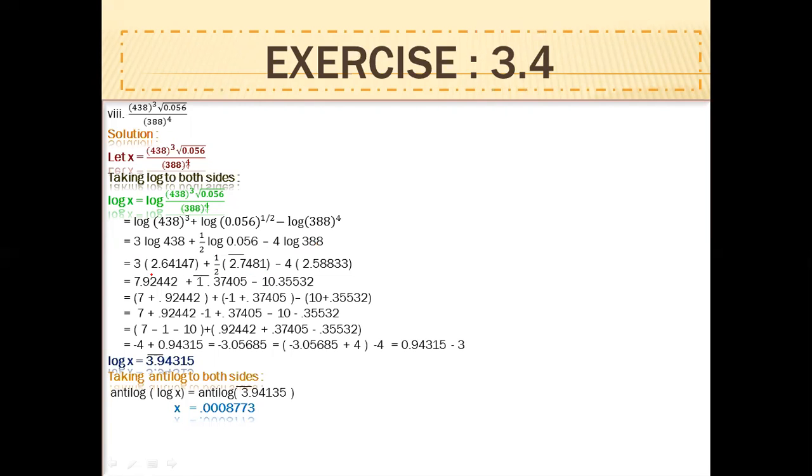Again, you convert 438 into scientific notation and the power of 10 will become 2. The characteristic is 2 and the mantissa you check 43 in the column of 8 in log table. The mantissa will become 0.64147.